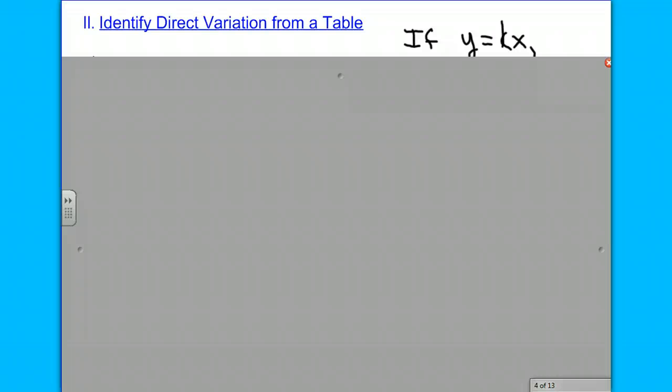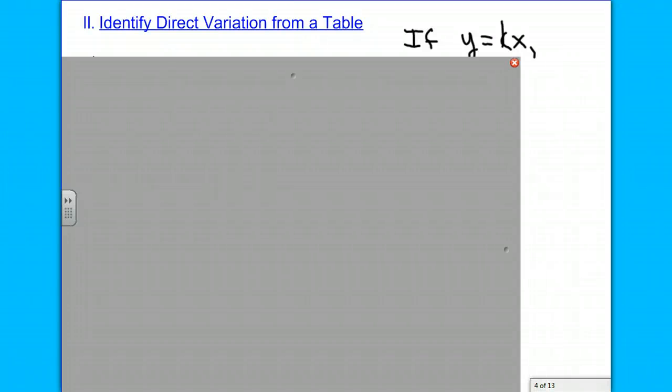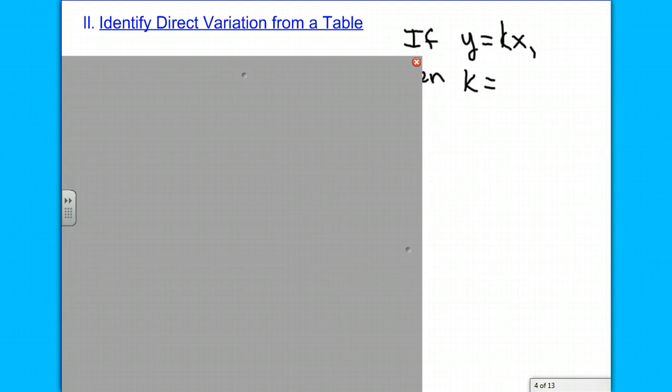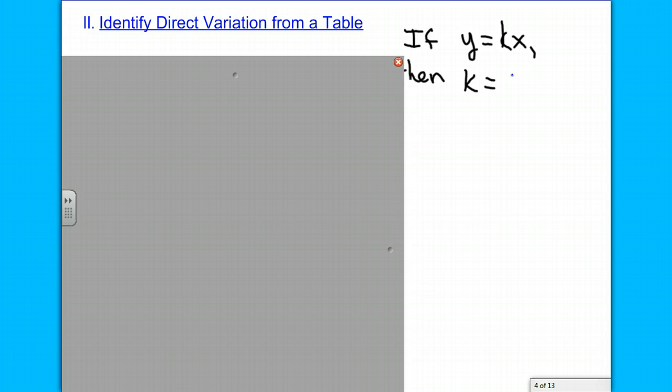What's next to k? X. So we're multiplying k times x. So if you want to get k alone, you would divide x from both sides, right? So you could say k equals y over x, right?